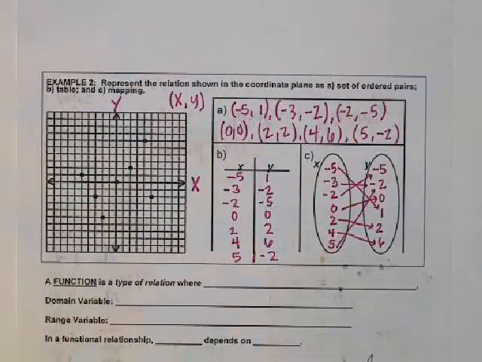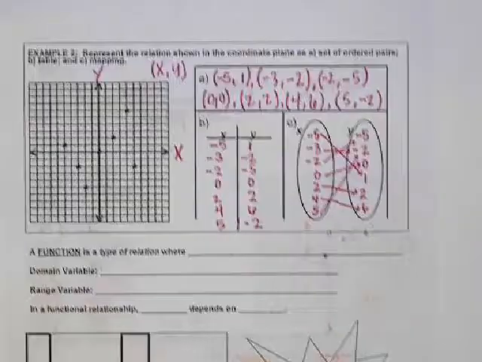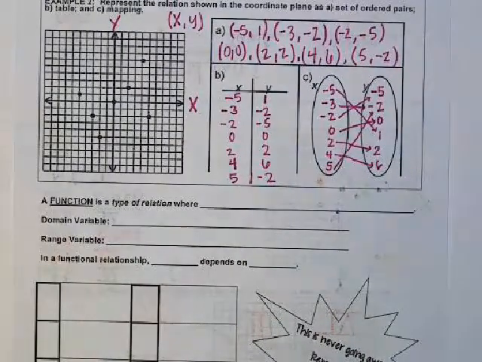Okay? Questions? All right. A function is a type of relation where what? There's only one X. Yes, you're right.